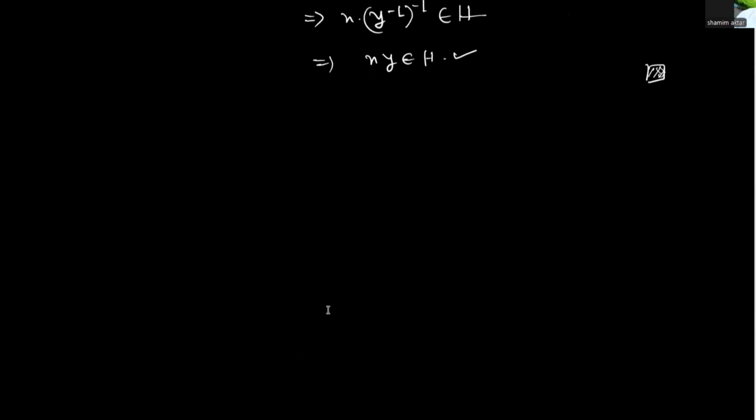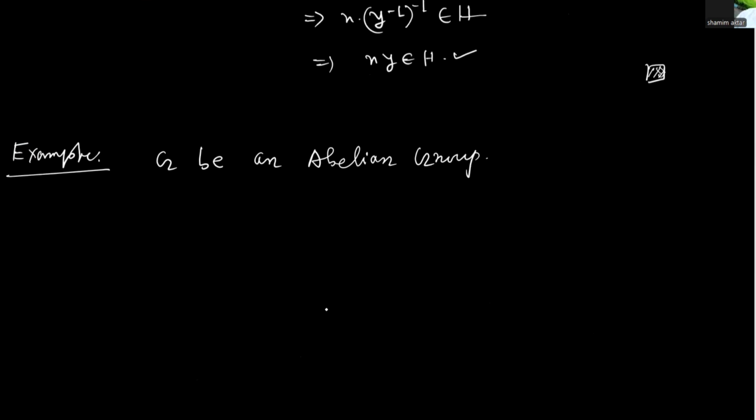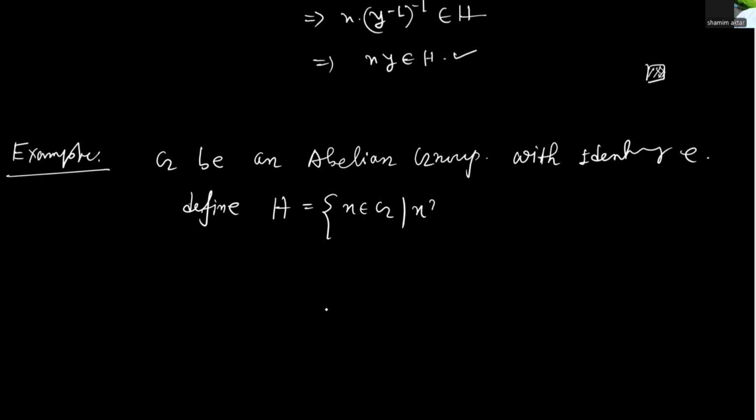Now an example. Let G be an abelian group with identity e, and define H as the set of all x belonging to G such that x squared equals identity.